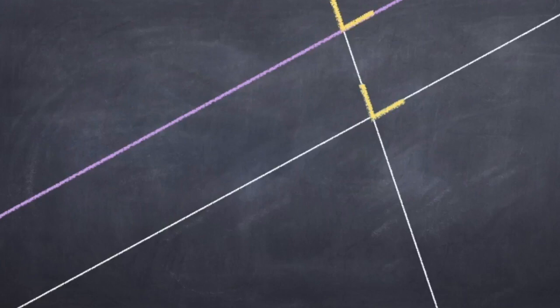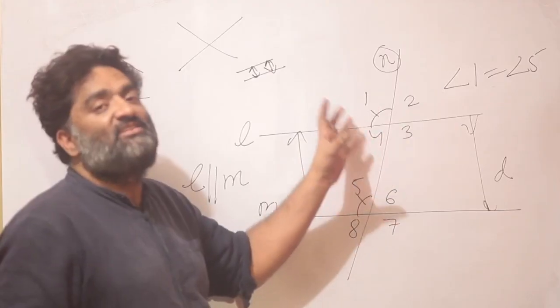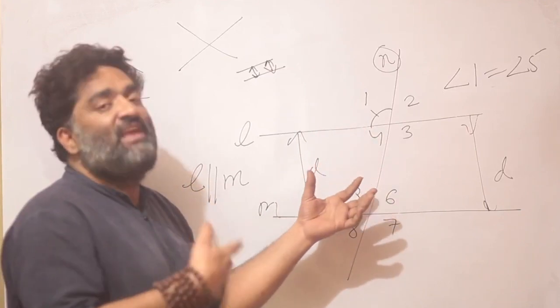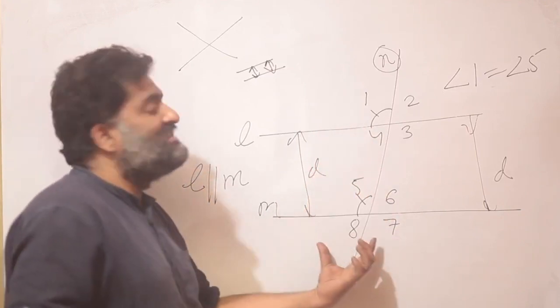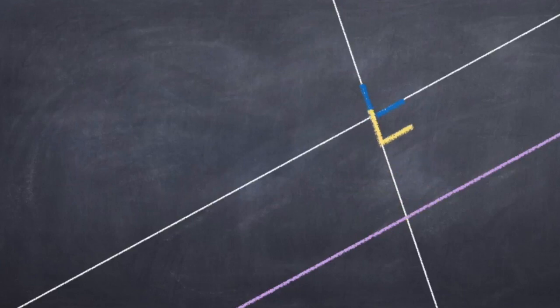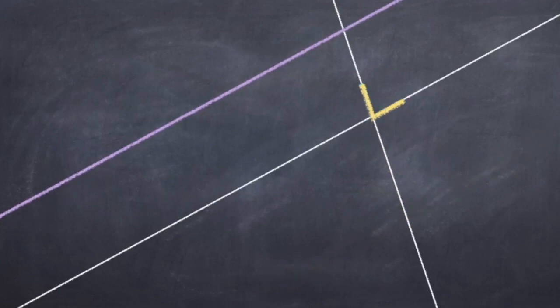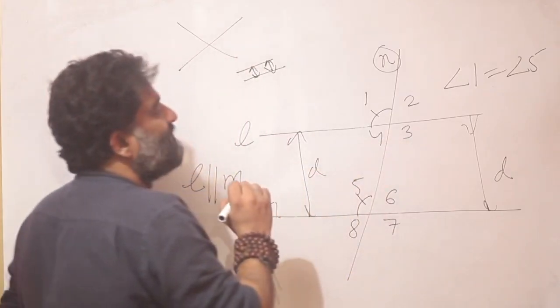That means even if I move this line up and down, the angle is going to remain the same. I hope the animation also helps you see that. Once I see that, I can see that this line M is nothing but a copy of line L pulled down, and pulling down or pushing up does not change the angle. So using this, or intuitively, or by measuring, I can see angle 1 is equal to angle 5.